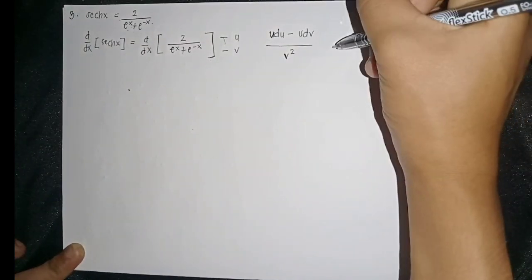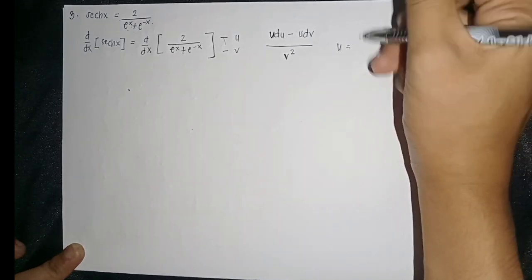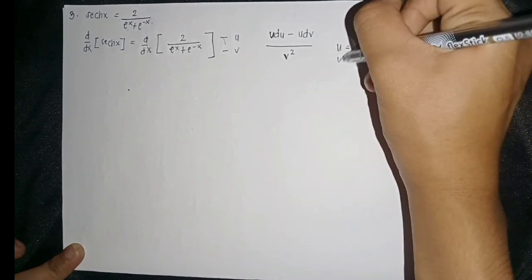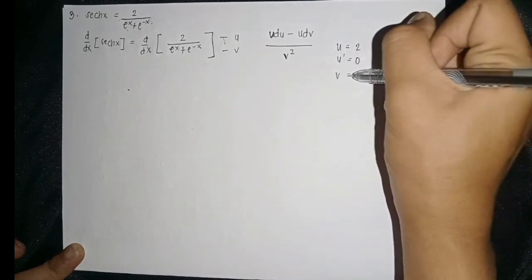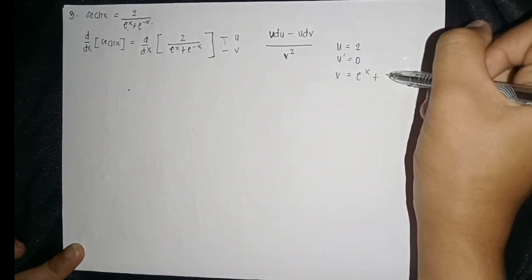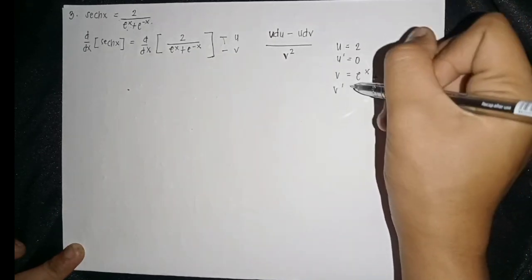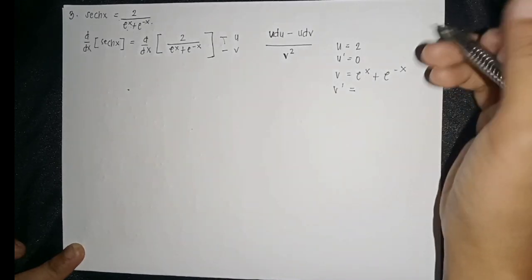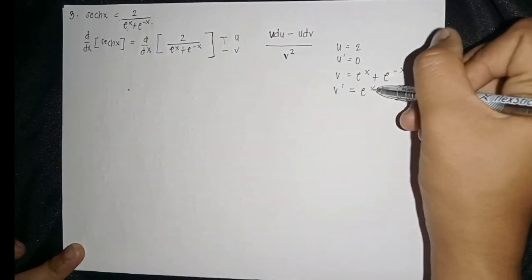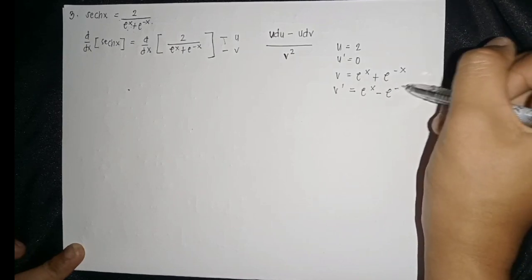So now, we have our u, which is 2. The derivative of 2 is equal to 0 because we all know that the derivative of a constant number is 0. And our v is equal to e raised to x plus e raised to negative x. So the derivative of v is equal to e raised to x minus e raised to negative x.